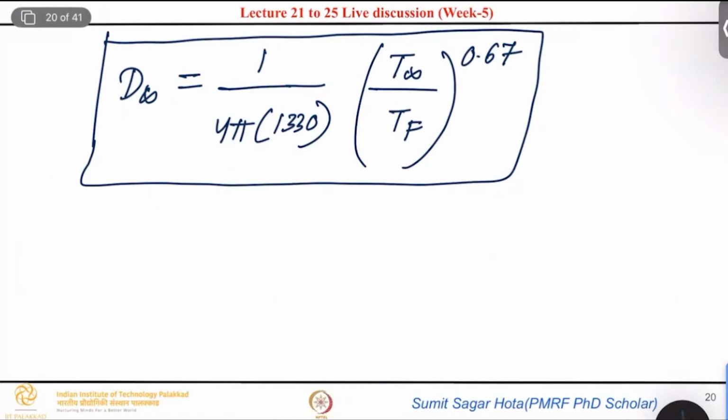Now just substitute the values of T infinity and TF.